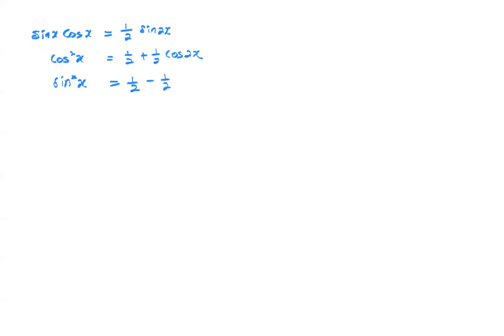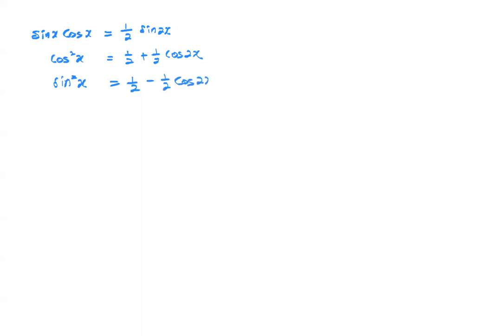Still remember those formulas you need in your notes? If you see sin x times cos x, you simplify it as half sin 2x. If you see cos square x, you replace with half plus half cos 2x. If you see sin square x, you replace with half minus half cos 2x.